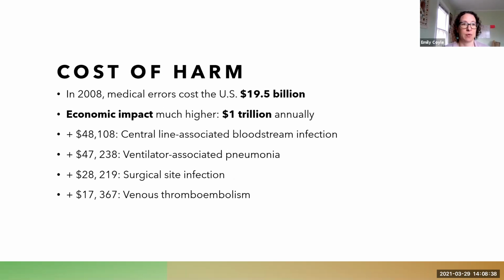So just to give you a few examples of what the specific costs are. If you were to acquire a central line associated bloodstream infection, that would add about $48,000 to your medical bill. Ventilator associated pneumonia would add $47,000. Surgical site infection could add $28,000, and a venous thromboembolism could add $17,000.